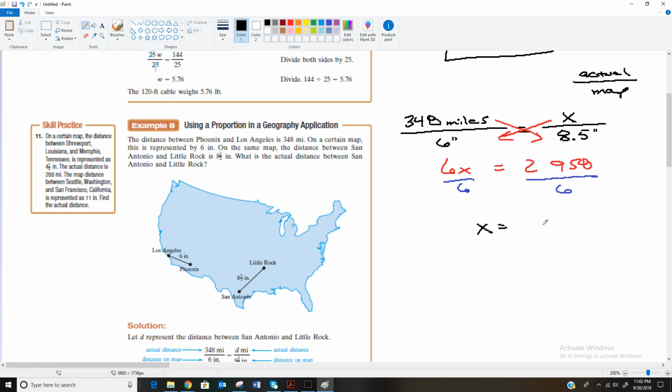So x is 493 miles. And again, if you go back and contextualize that, that is saying that between San Antonio and Little Rock is 493 miles. If it's got the same proportion on the same map as this other one that's been measured.